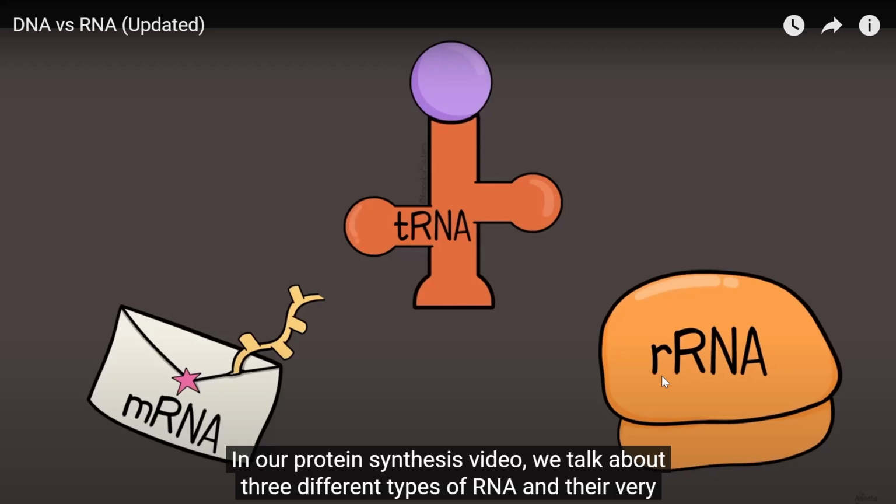Anyone want to take a guess what that little r stands for in rRNA based on the picture? Ribosomal RNA. Okay, so that is ribosomal RNA. And this little guy here, tRNA, it's kind of nice because it looks like the letter T. But it's actually called tRNA because it brings in an amino acid and transfers it onto the growing amino acid chain in the ribosome. So it's called transfer RNA.